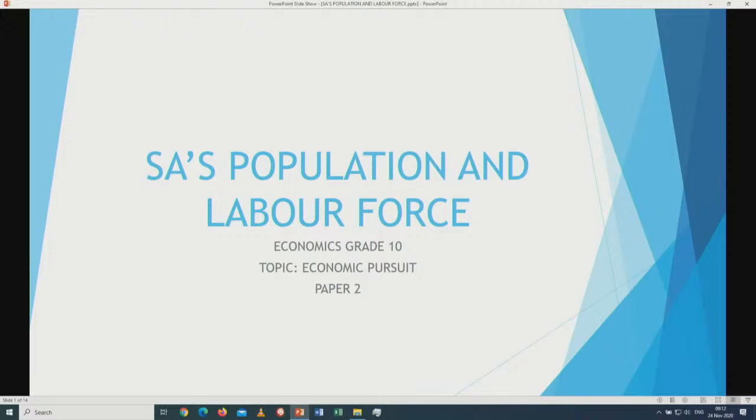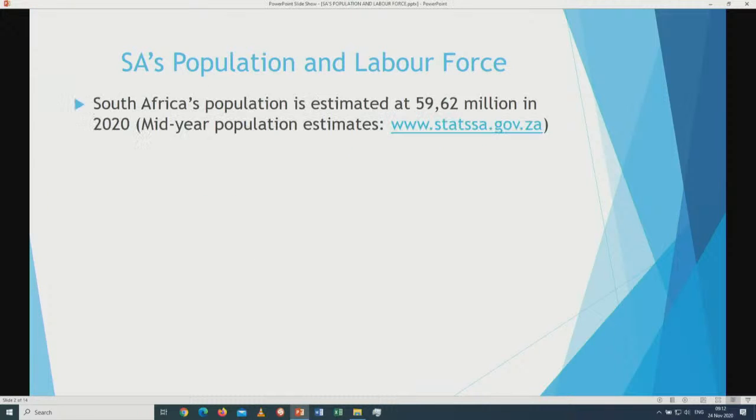So those of you who have covered this particular topic, I think it will be beneficial for you to go through this topic with me. Okay, let's start. South Africa's population and labor force. Now, firstly, I need to tell you that South Africa's population, as we speak now, is estimated at about 59.62 million in the year 2020. This was recently conducted by Statistics South Africa in their mid-year population estimates.